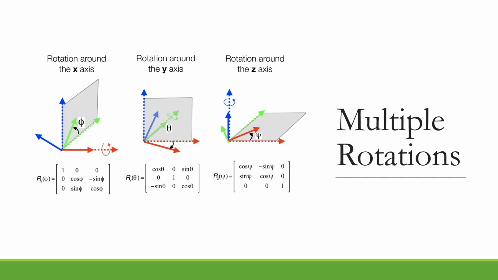For Ry, the rotation for the y-axis, it's cos theta 0 sin theta, 0 1 0, minus sin theta 0 cos theta. The same follows with Rz: cos psi minus sin psi 0, sin psi cos psi 0, 0 0 1. So this is to be remembered, and the proof will be released in an upcoming video.